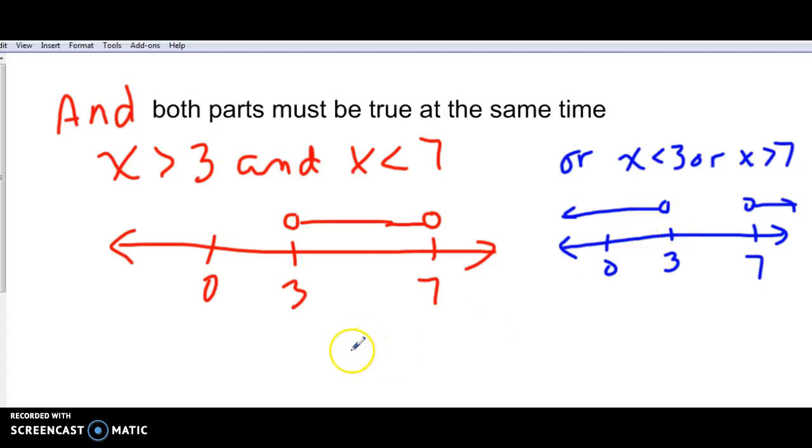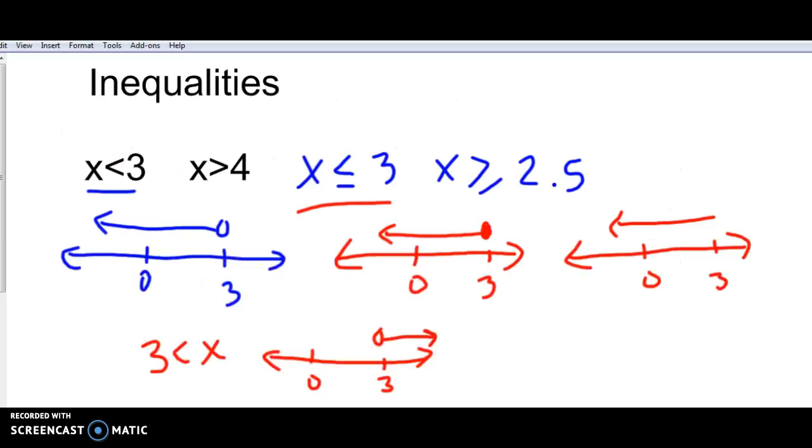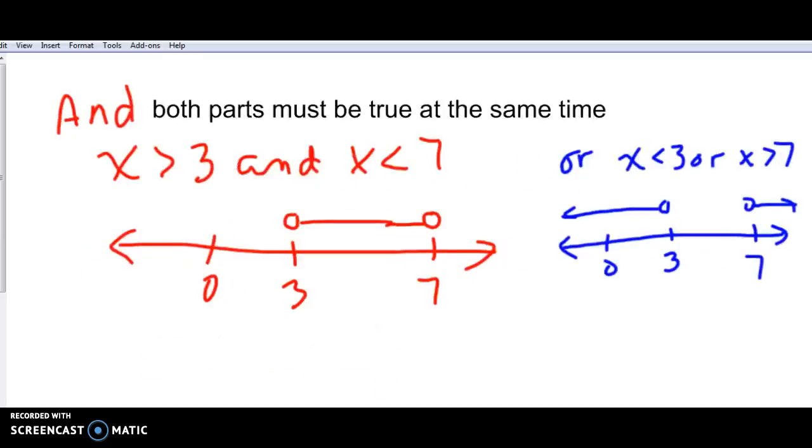Okay, so if we talk about how we solve inequalities, this is probably going to be on day 2. You probably won't see this today. You can always come back and re-look at this video. 2x is less than 3x plus 6.